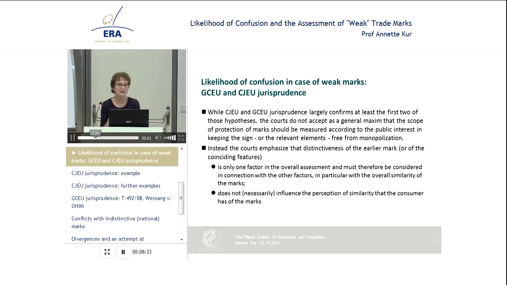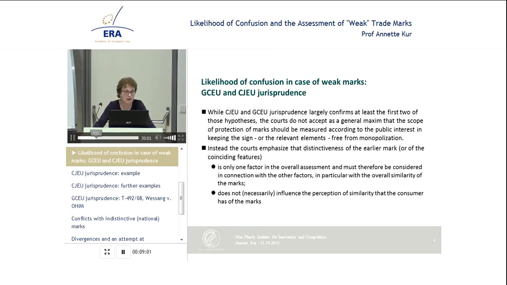They just see it as an element of a product, a decorative feature, or something which is in the background and which has no meaning in terms of indicating commercial origin. On the other hand, the court refuses to take this as something which needs to be taken for granted.